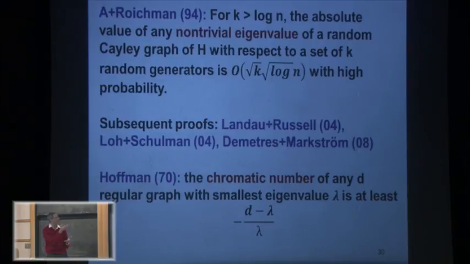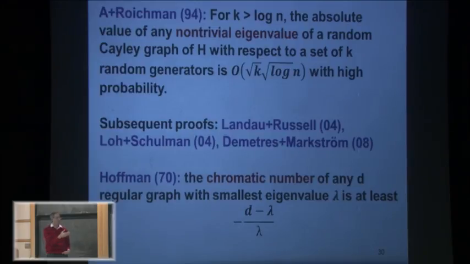So here the largest eigenvalue will always be equal to a constant k, depending on the cardinality of S union the set of inverses. But the absolute values of all the others will be much smaller if k is somewhat bigger than log base n.